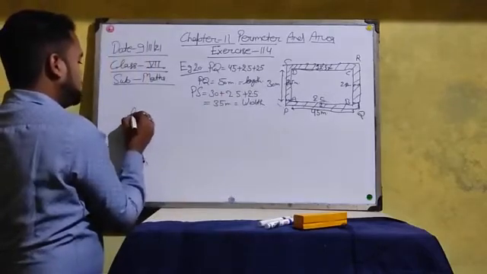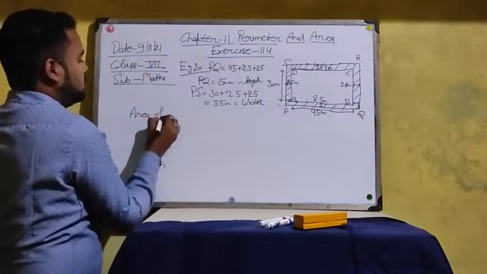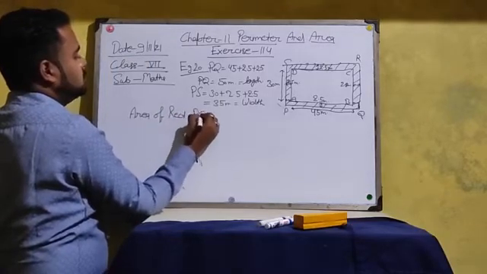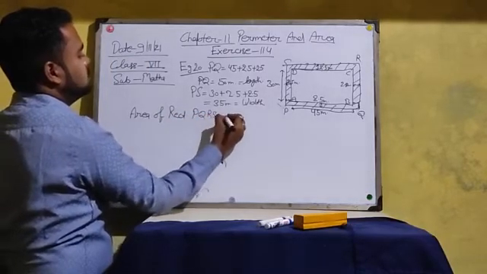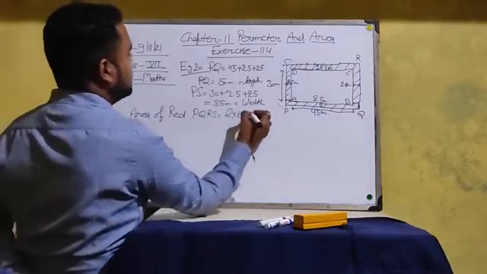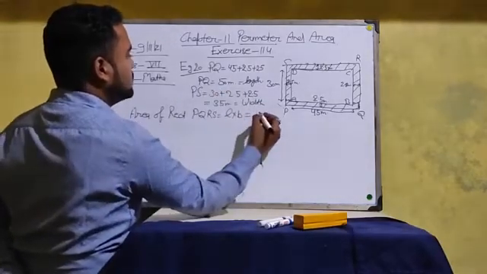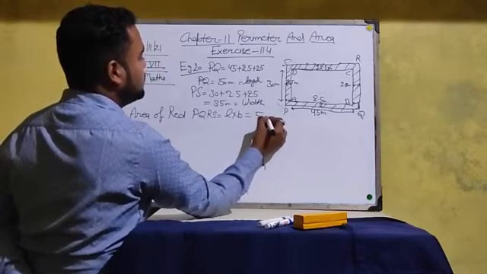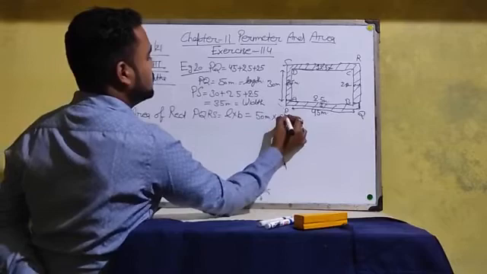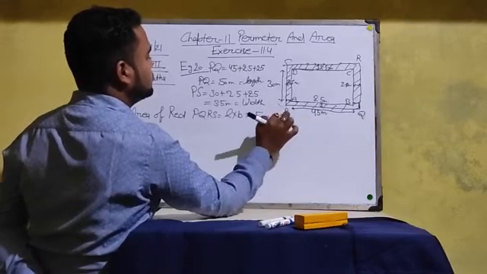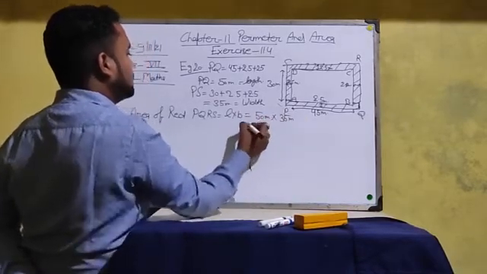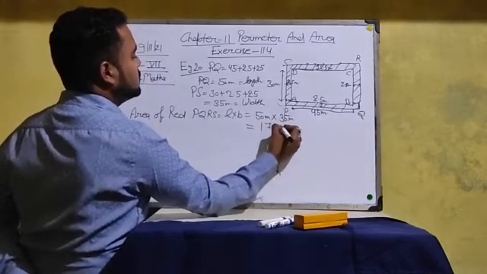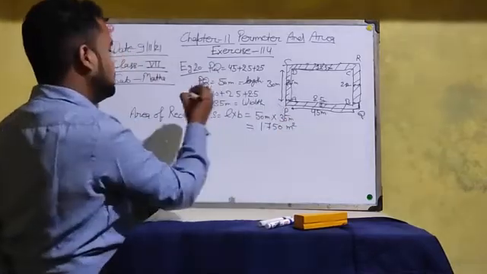So first, area of rectangle PQRS is L into B, that is PQ into PS, which is equal to 50 meter into 35 meter, equals to 750 meter square.